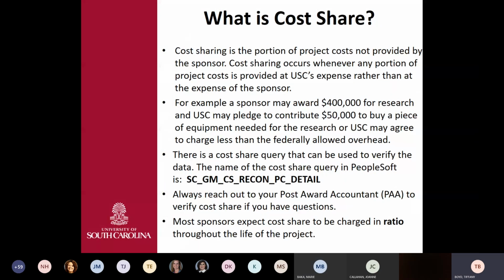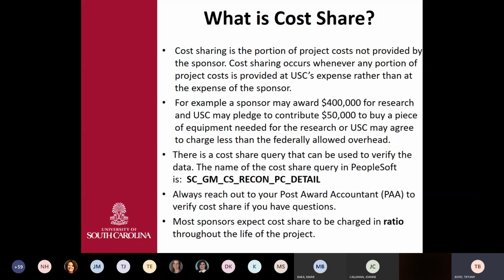So then that kind of takes us to what is cost share. And a lot of you probably already know what cost share is, but for those that are brand new, just in case we've got some of those here, cost sharing is just the portion of the project that's not covered by the sponsor. That occurs whenever any portion of the project is covered at USC's expense rather than the expense of the sponsor.